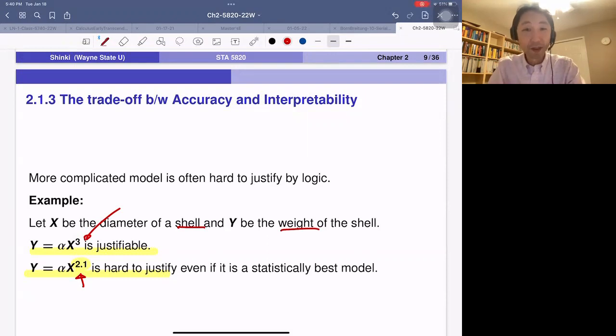Maybe I should make a poll. So choice 1 is x cube, and the other is x to the power 2.1.